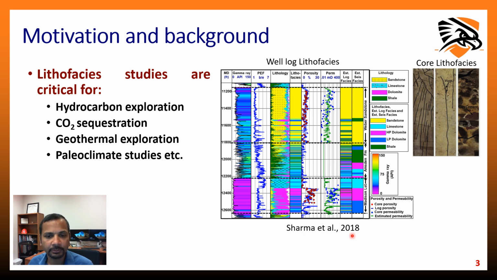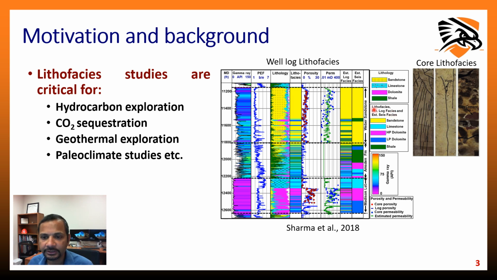This is from Sharma et al., where they have studied the potential of CO2 sequestration in Weber sandstone and Madison limestone. So they have divided the lithology in different phases based on their different mineralogical components.